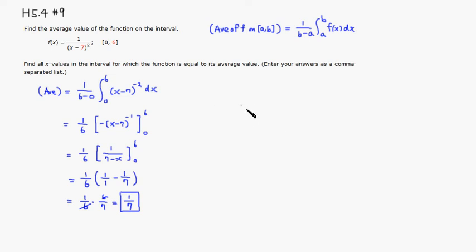Now we want to find the x value such that this function becomes exactly the same as the average function value. So we just have to set the function equal to that.